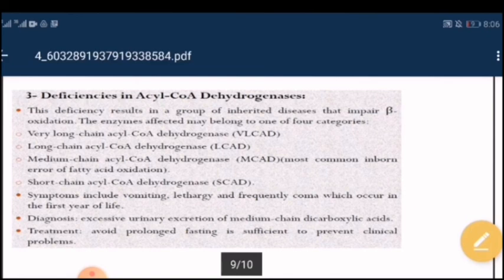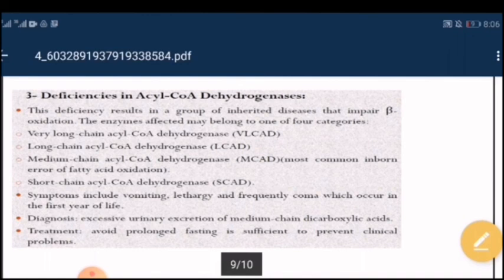Symptoms include coma and lethargy, and the treatment includes avoiding prolonged fasting, because now we cannot activate the fatty acids and so they cannot be oxidized. So please do not fast, because fasting would deplete the glycogen stores and make the body dependent on glucose.